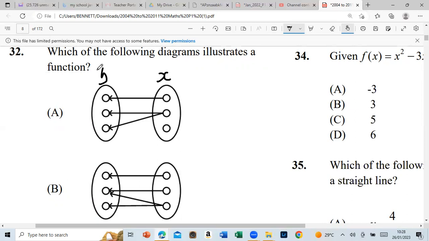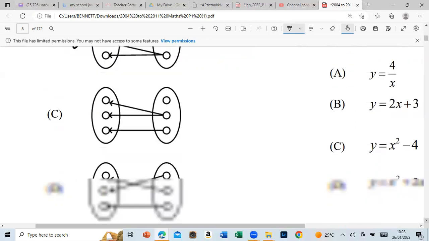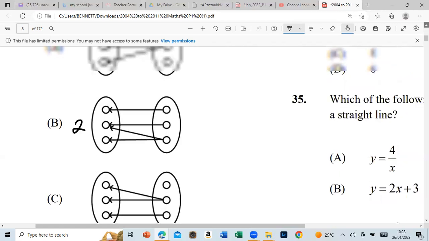So you can ignore this. Ignore the two here, because the x here goes to 2, the one here goes to 2. So it's between C and D. It has to be D. Yeah. Turning it around, they are getting so smart.